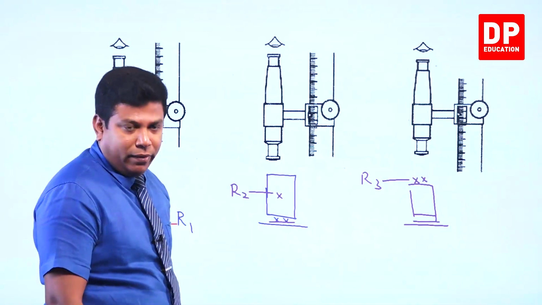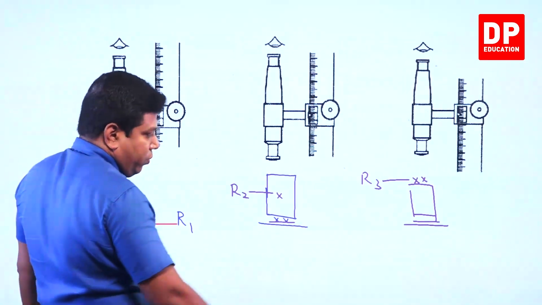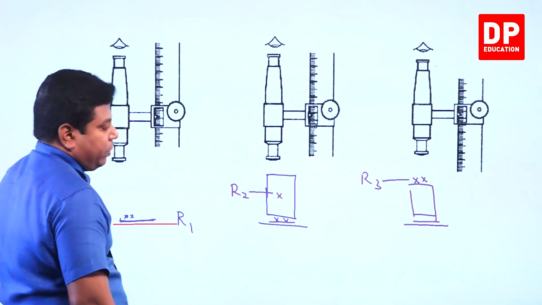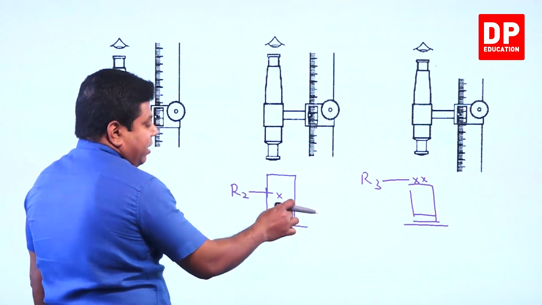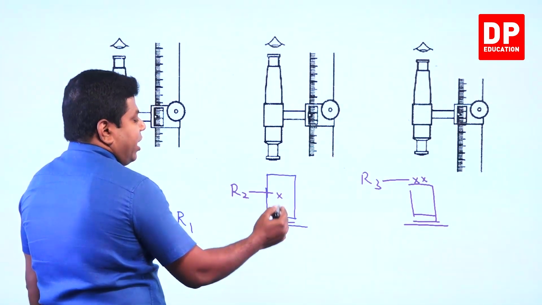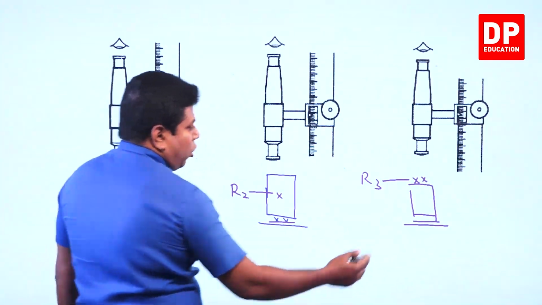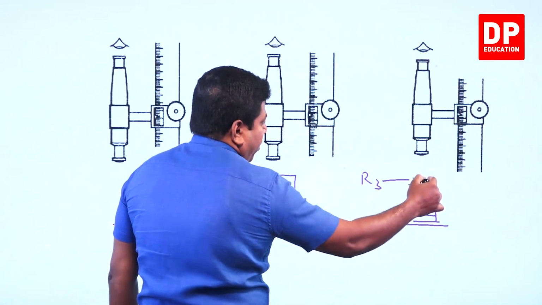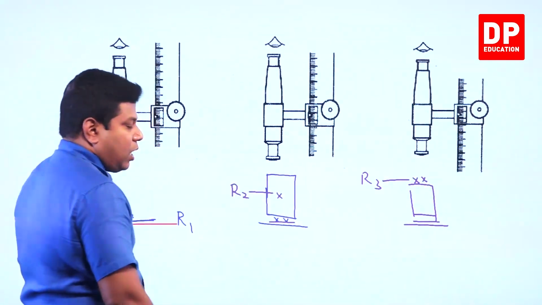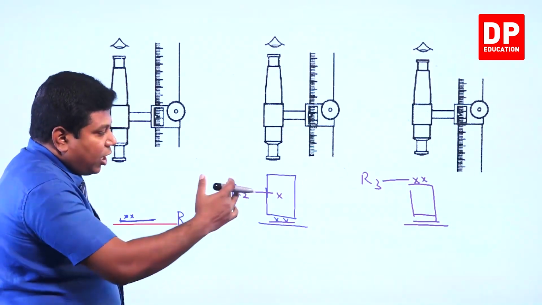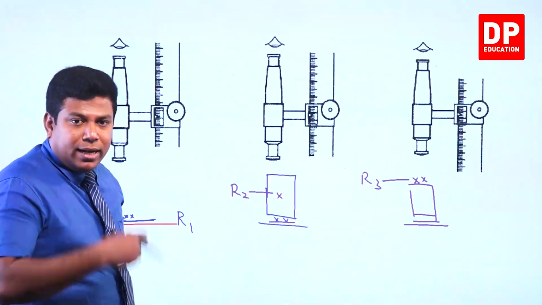So, without the glass, focus on the lycopodium, R1. You keep the glass, the image of this lycopodium you will get here, R2. Then on top of the glass block, you put the lycopodium powder, get R3. R1, R2, R3. So from R1, R2, R3, how do we get the real depth and apparent depth?